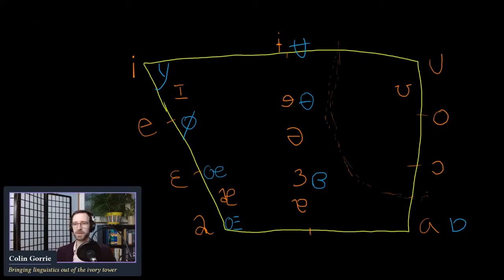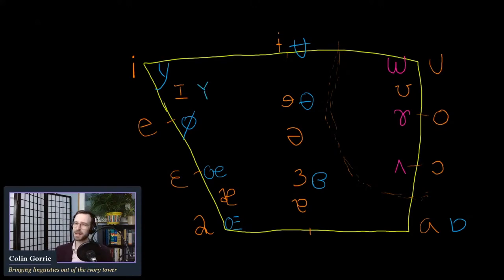Yeah, okay, there we go. So we have the unrounded high back vowel. Then we have the high mid, low mid, and oops, I remember. I forgot to put one in here.